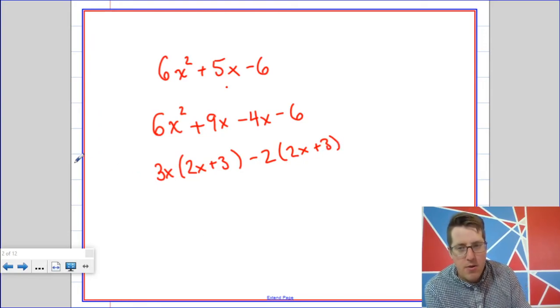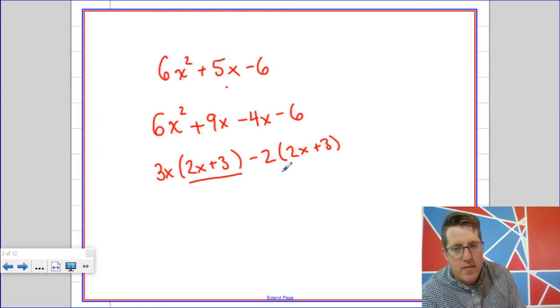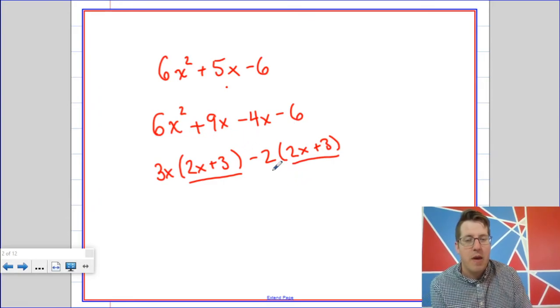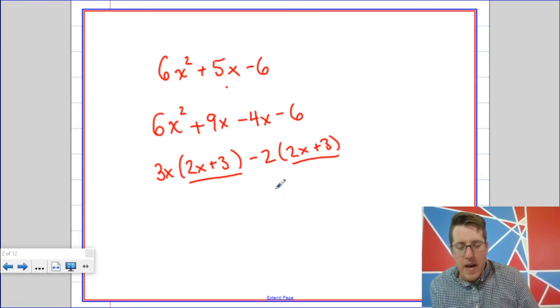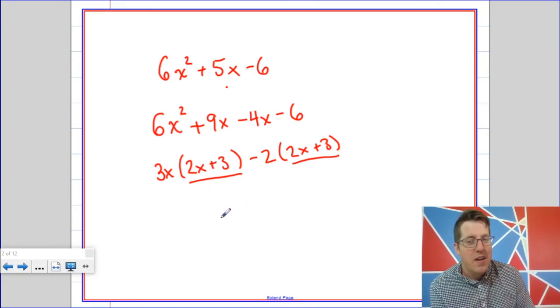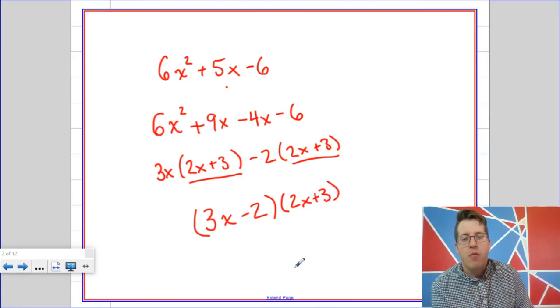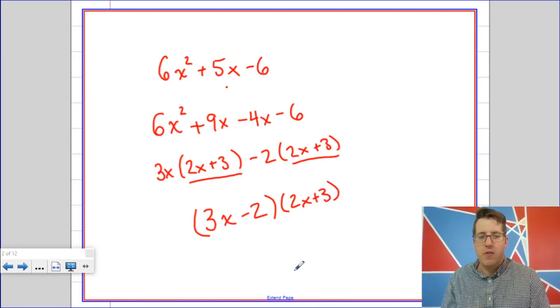So that pattern that I'm talking about is, can you pull the same thing out of both the front half and the back half? And just like all factoring, that takes practice. Not everyone does it that way because it's not the first thing that pops into people's brains. So overall, this would factor to 3x minus 2 times 2x plus 3. And later on, I will present you with a different way to factor that exact same thing.